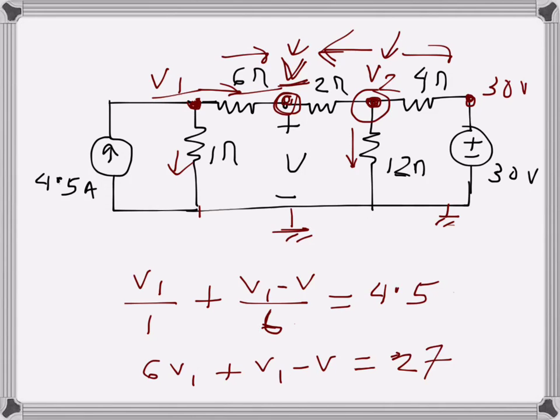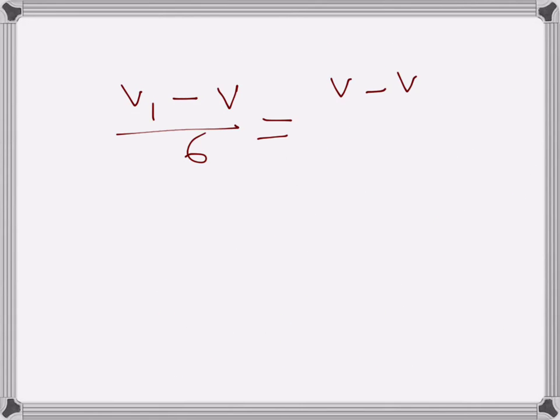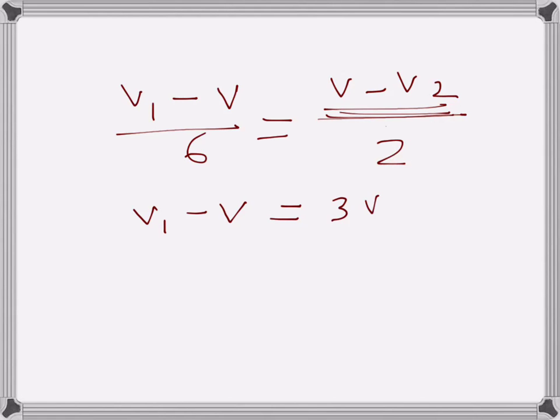So V minus V2 over 2 will be the leaving current there. So I have this equation, and now I multiply both sides by 6, so it becomes V1 minus V is equal to 3V minus 3V2.